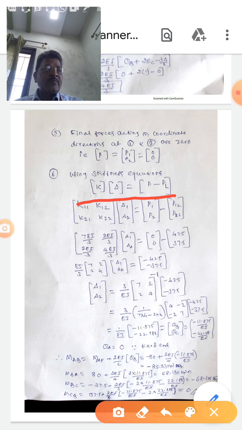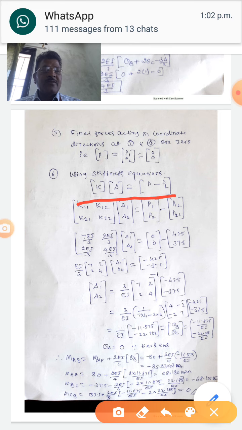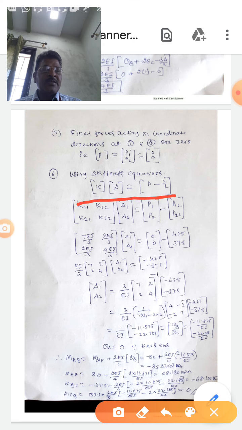So this is 4 minus 2, minus 2 7 matrix, the normal matrix, multiplied by minus 42.5 and minus 37.5. Simplifying this value, you will get 1 upon EI into minus 11.875 and minus 22.188, that is the rotation at B and rotation at C: minus 11.875 by EI and minus 22.188 by EI.